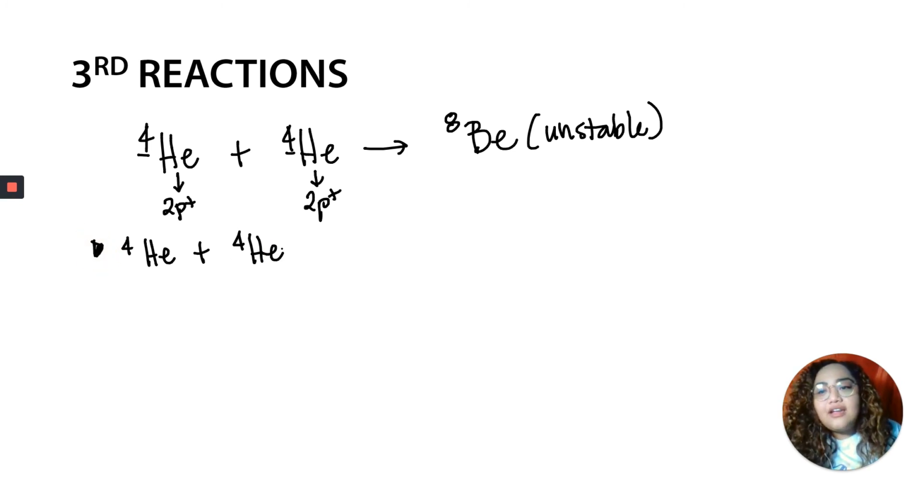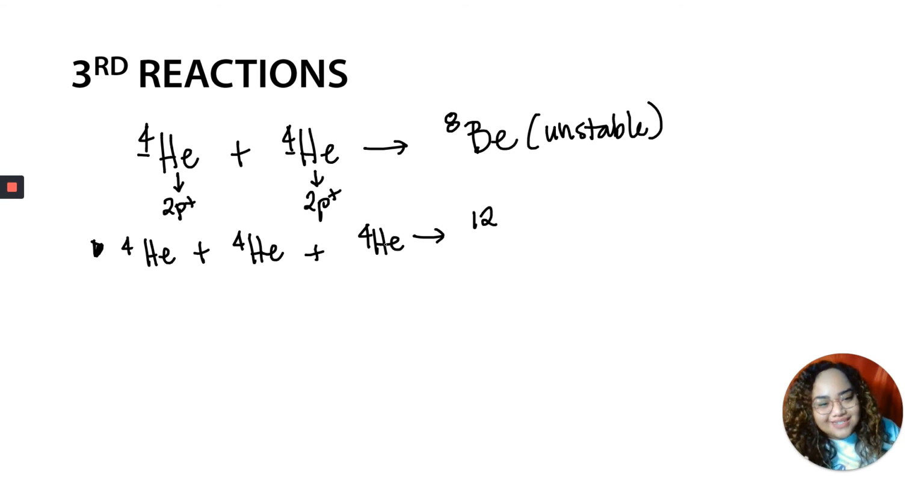Now, what about if these 2 4 heliums react with another 4 helium? What happens then? So let's determine the mass. That's 4 plus 4 plus 4, that is 12. Okay. Now let's determine what element this is. Helium is atomic number 2, so 2 plus 2 plus 2, then you'll get 6.